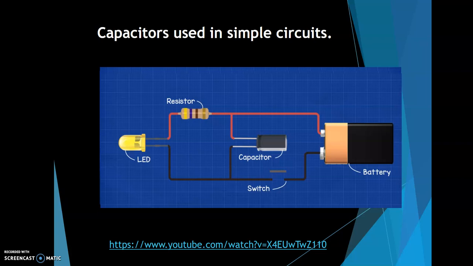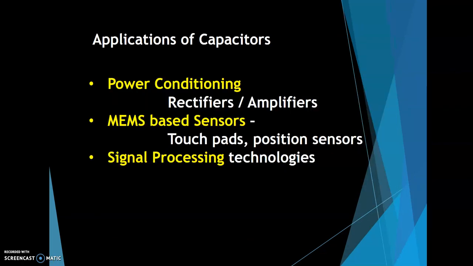However, there are many more advanced applications for capacitors. Here are some more applications of capacitors. The capacitors are used for power conditioning applications, where devices called rectifiers or amplifiers are used. The next is that capacitors are used as one of the primary components in MEMS based sensors.